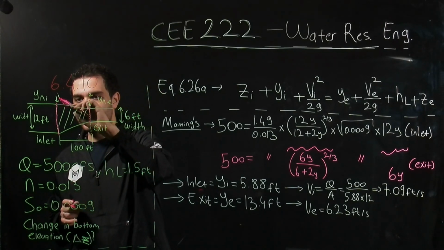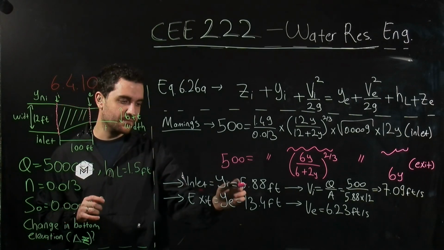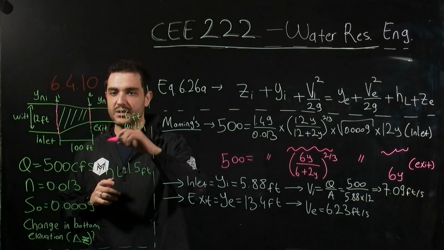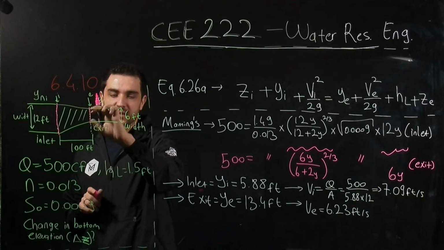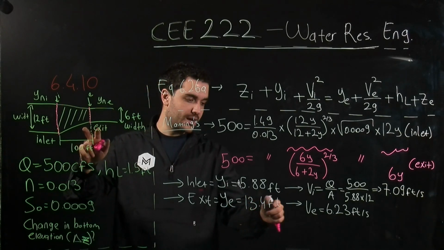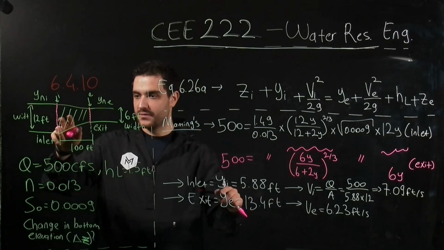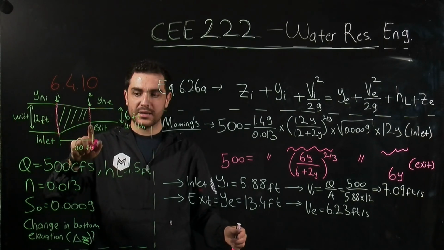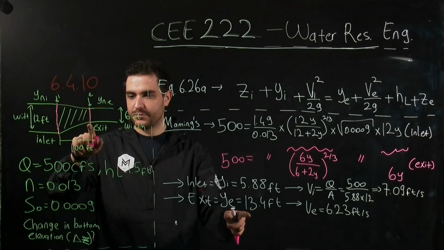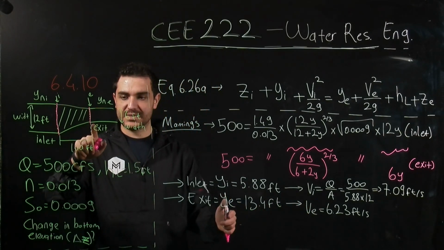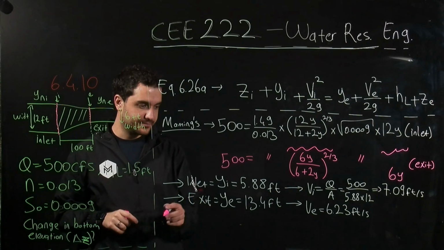So at this point, the water depth is 5.88 and the velocity is 7.09 feet per second, and at this point, the water depth is 13.4 and the velocity is 6.23 feet per second.